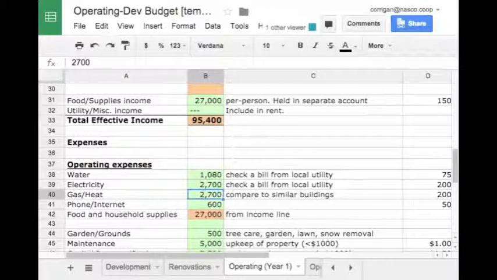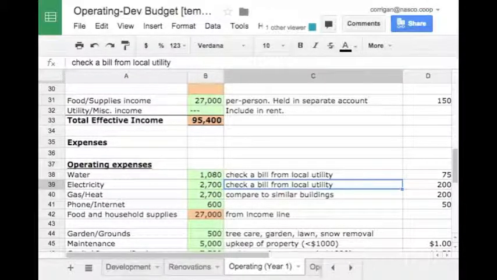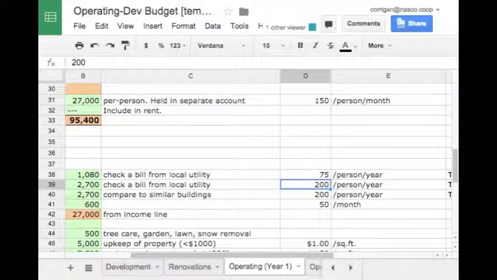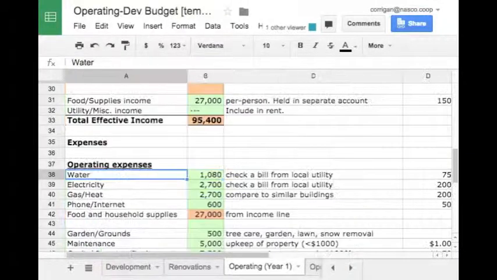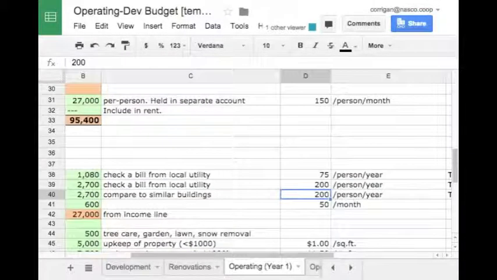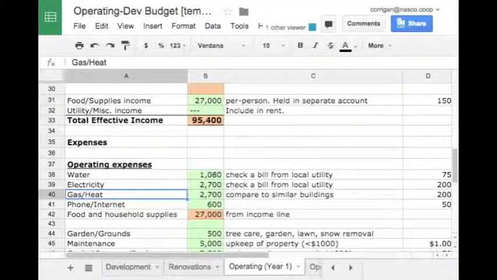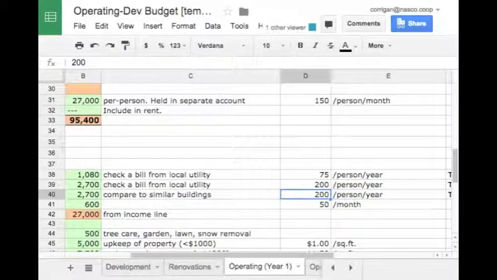How do you get these numbers? Well, you can look at a bill from a local utility for an apartment or a house and scale that up by how many people or how many square feet the new property will be. Going off of rough national averages, electricity and gas, heat would be about $200 per person per year.